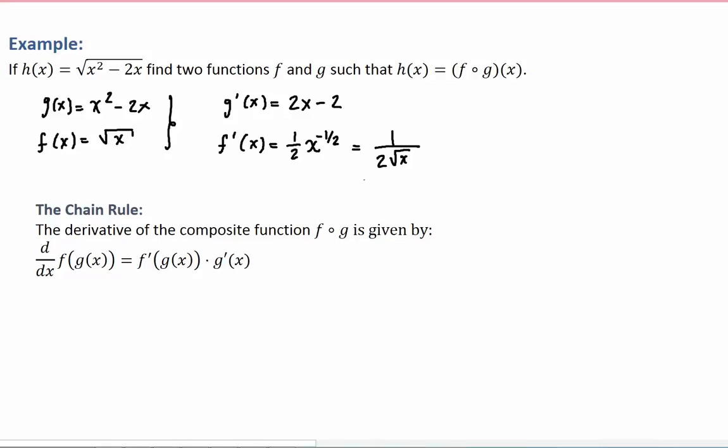All right, so in this case now, let's use the chain rule to calculate the derivative of h. And so here we can calculate h prime, and using the chain rule it would be f prime evaluated at g of x. f prime is 1 over 2 square root, but now I don't evaluate it at x because it's not f prime of x, it's f prime of g of x.